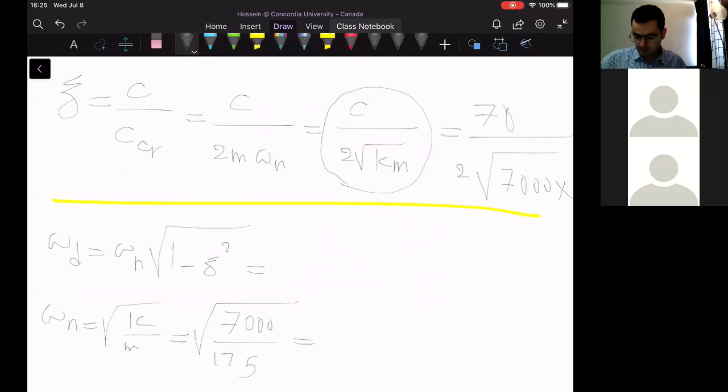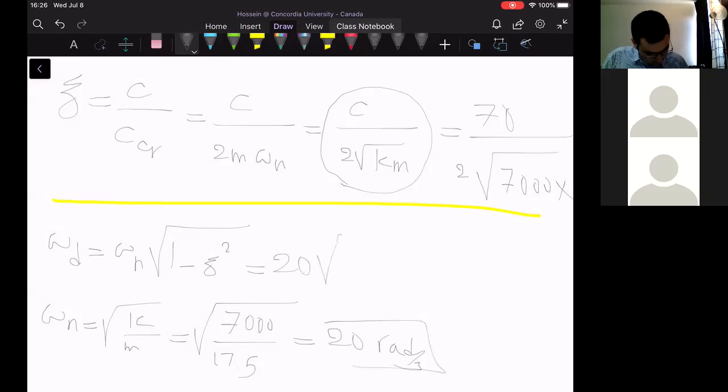Therefore omega n is approximately 20 radian per second.